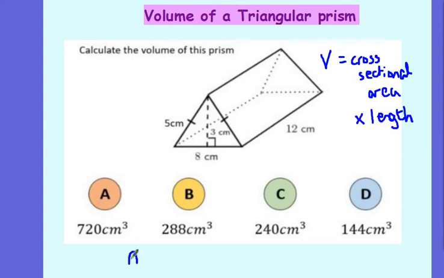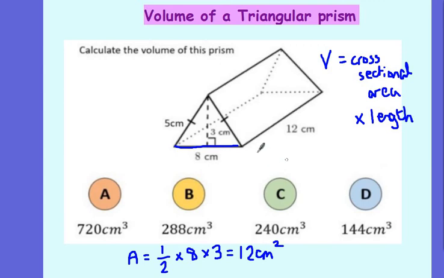So my area is half base times height, which is half times, here's my base, 8, times my height, it needs to be my perpendicular height, which is 3. So my area is 12.